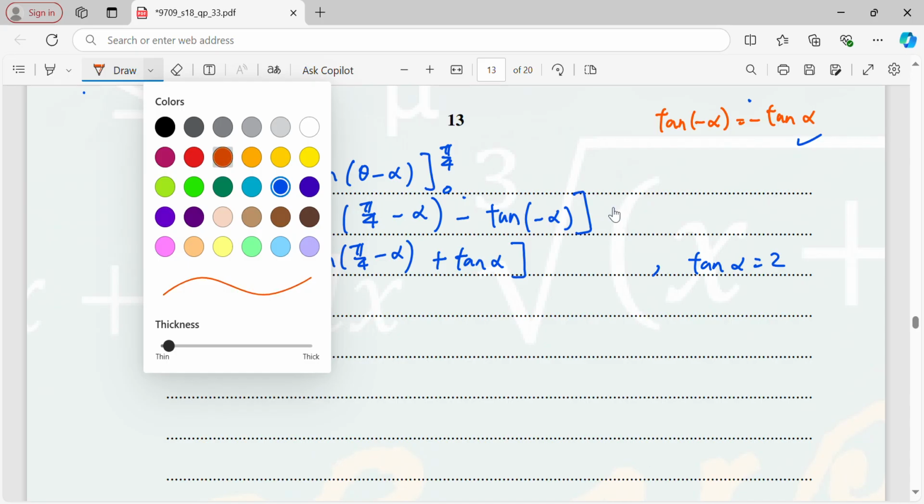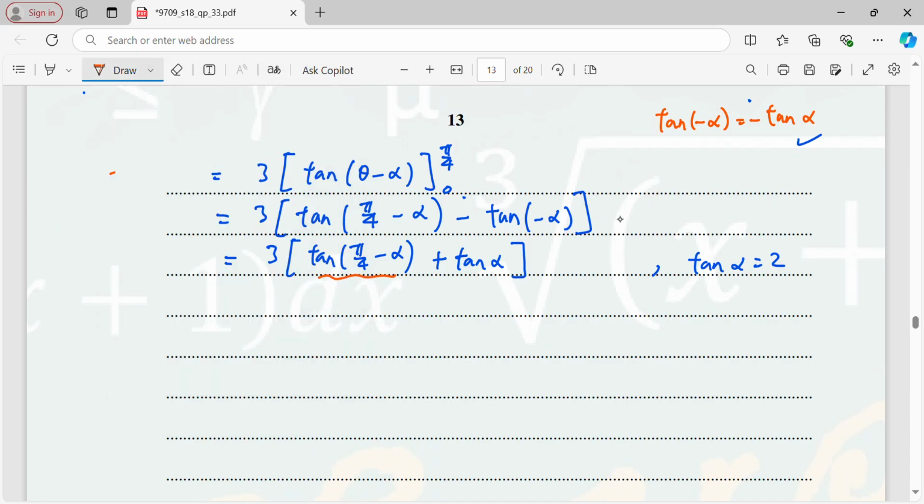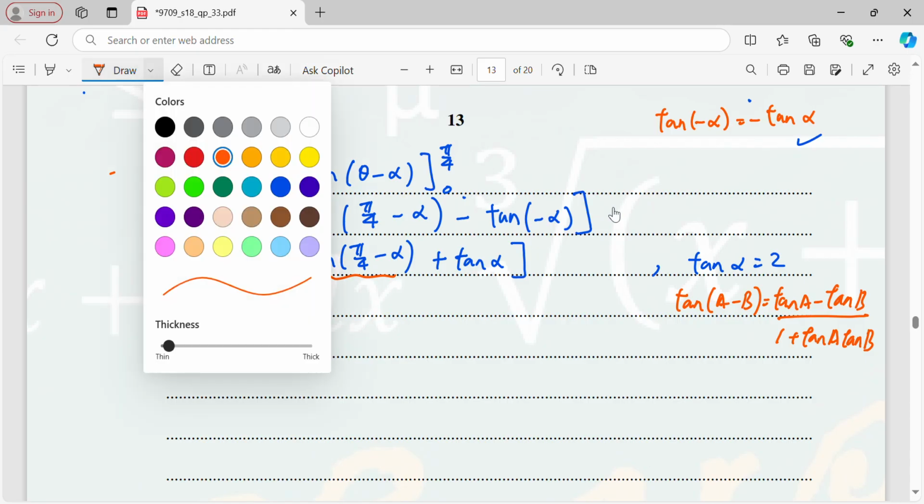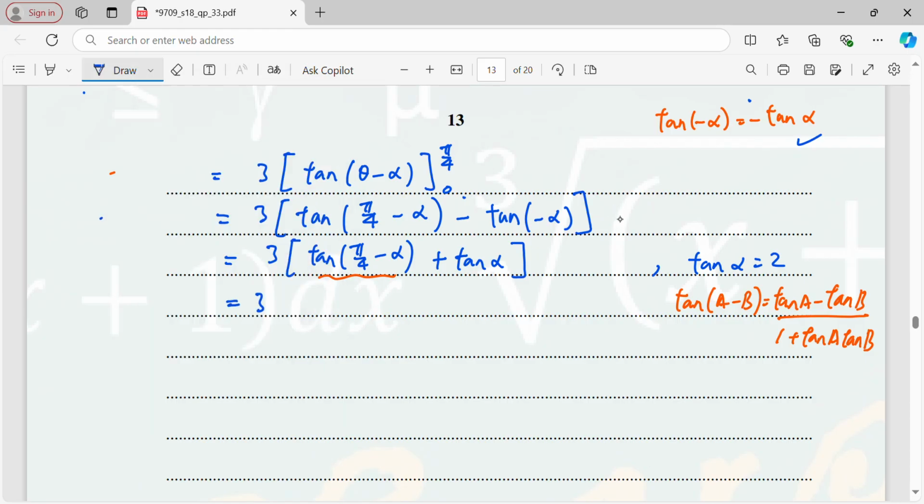And for the first term, this part, tangent of pi over 4 minus alpha, we can use this formula, tangent of A minus B, that is tangent A minus tangent B over 1 plus tangent A tangent B. So this is going to be 3 times tangent pi over 4 minus tangent alpha over 1 plus tangent pi over 4 tangent alpha, then plus tangent alpha.